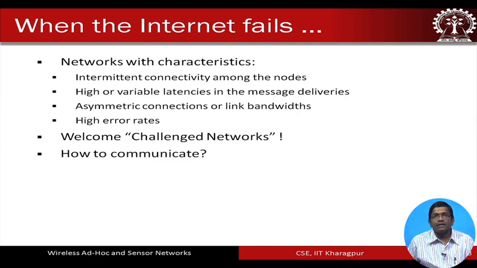For instance, there is intermittent connectivity between the different nodes, there are high or variable latencies in the message deliveries, there is asymmetry in connection, where the link bandwidths uplink and downlink are not the same or similar, and there are high error rates. These networks are often termed challenged networks, because unlike the internet, which operates in a very ideal kind of environment, these networks deviate from it because they exhibit these properties.